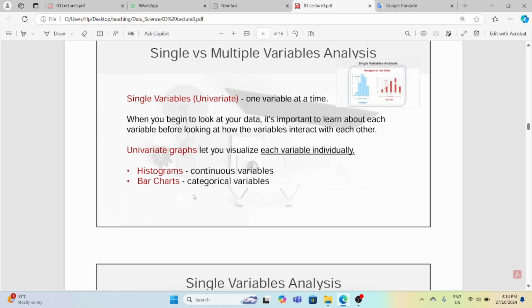They are names, or the color of something. Continuous variables are like weight, for example. Weight cannot be only 10 kilograms or 11 kilograms; we have 10.1, we have 10.2. Between 10 and 11, we have many values, so it is continuous.